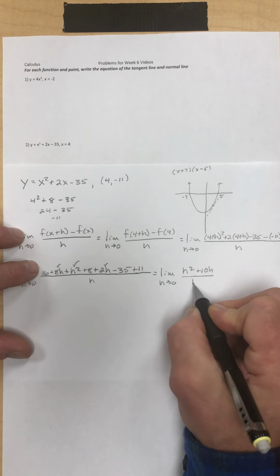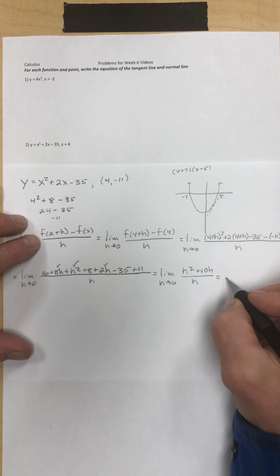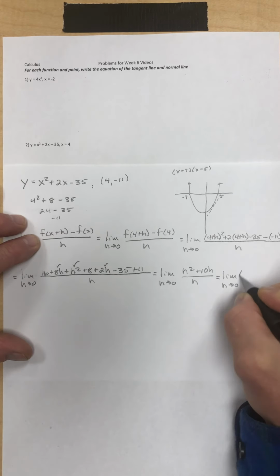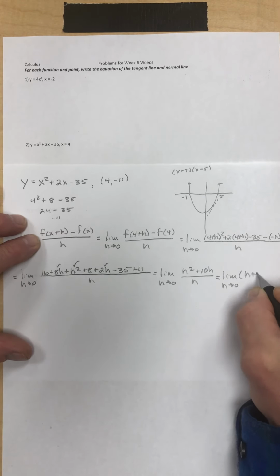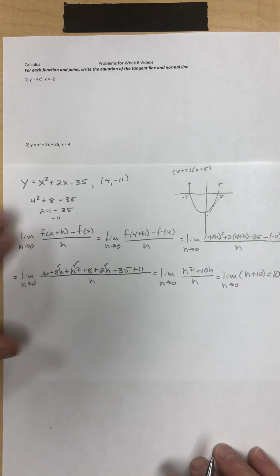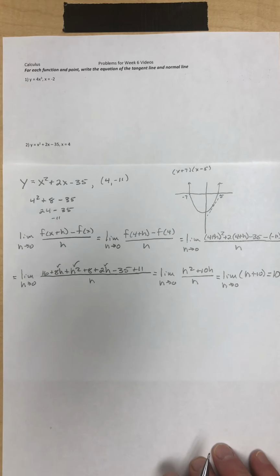All over h. And then we divide out an h, so I get the limit as h goes to 0 of h plus 10. So it looks like that's just going to give me 10. And 2x plus 2, yes, that would work out.